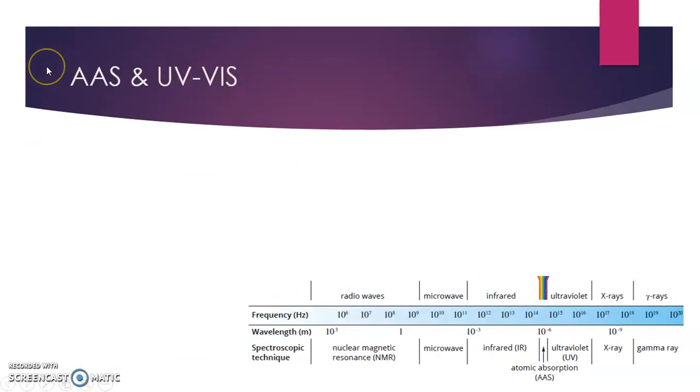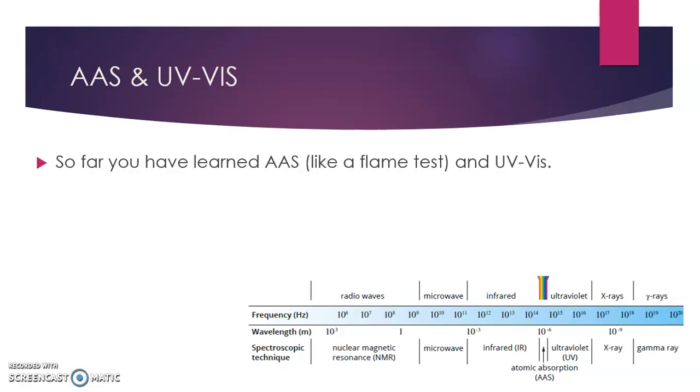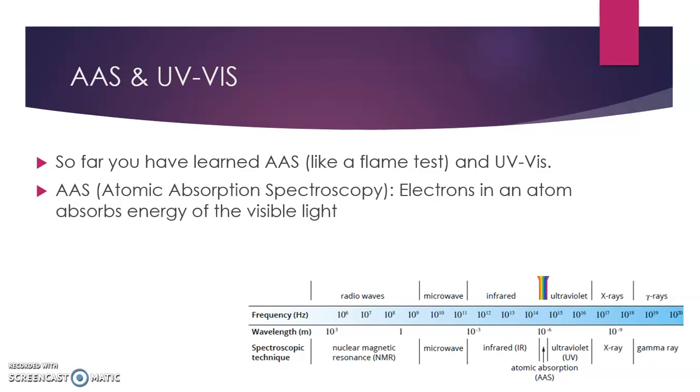So we formally learned about AAS and UV-Vis. AAS is more like a flame test. It's called atomic absorption spectroscopy. It's basically the electrons in an atom absorbing energy, mostly from the visible light spectrum, and then they jump to a higher level. When they come down, they release exactly the same amount of energy that they absorbed before.